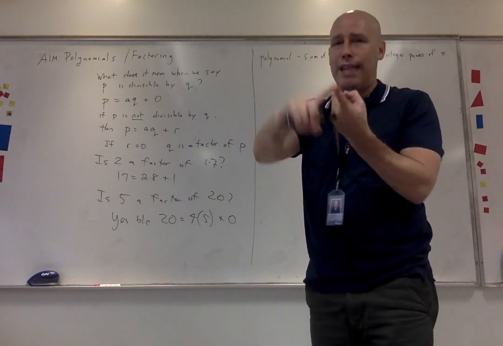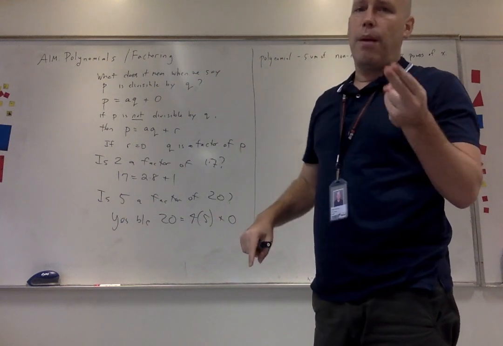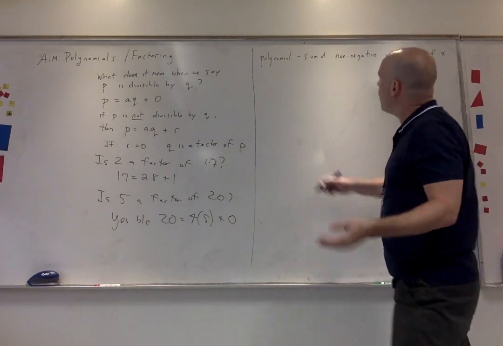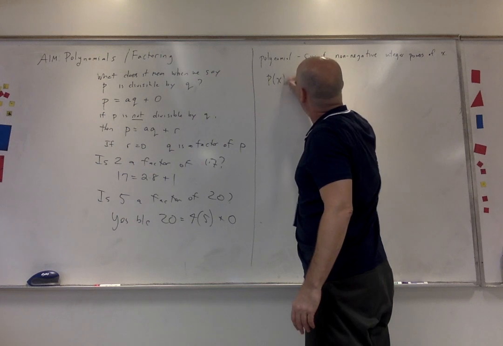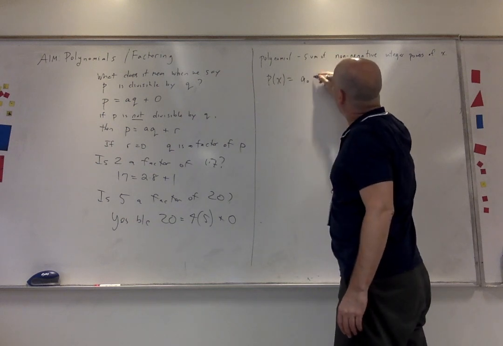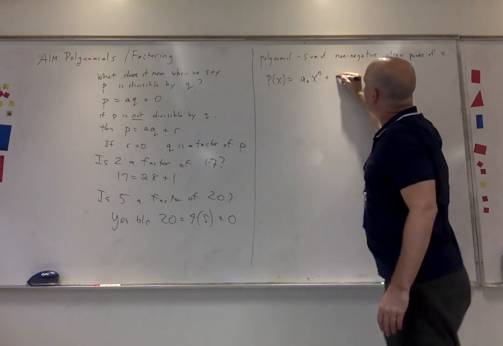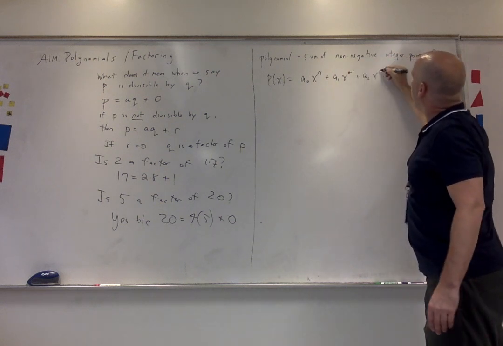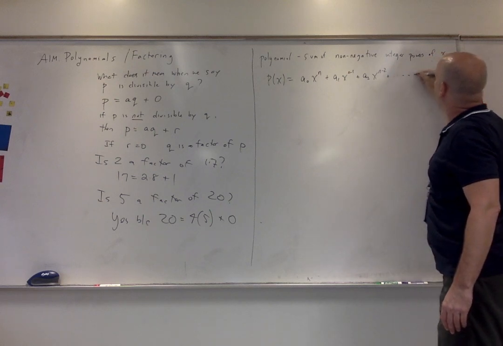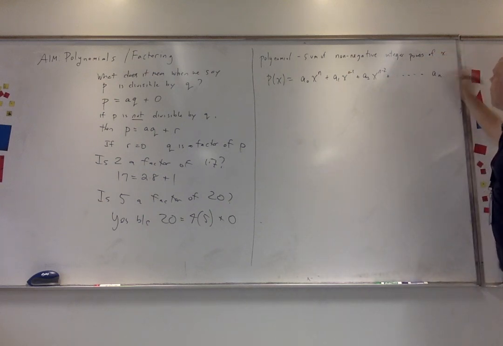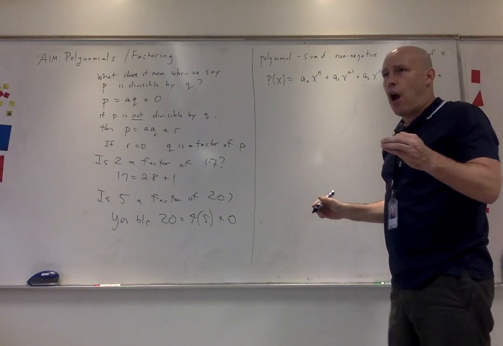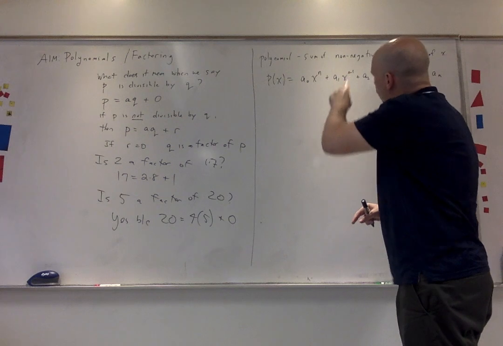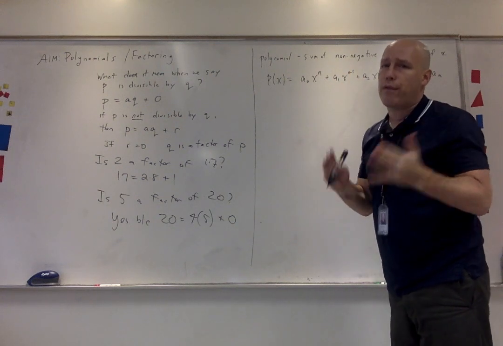Last year you did linear, and you also did quadratics. Maybe you did cubics, I don't know. Basically, we say P of x is equal to A0 x to the n plus A1 x to the n minus 1 plus A2 x to the n minus 2 dot dot dot An. We classify polynomials based on the highest power, and we call it the order of the polynomial.